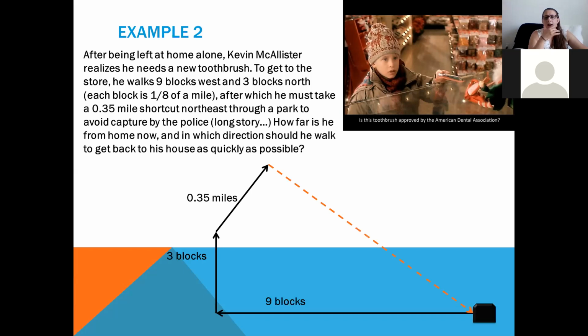And we want to know how far he is away from home and what direction he needs to walk. So this is kind of our setup. Do you guys notice anything problematic about this problem before we just jump in and start calculating things?